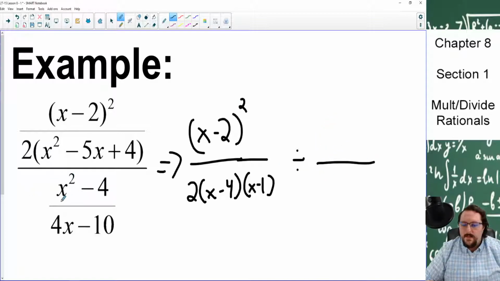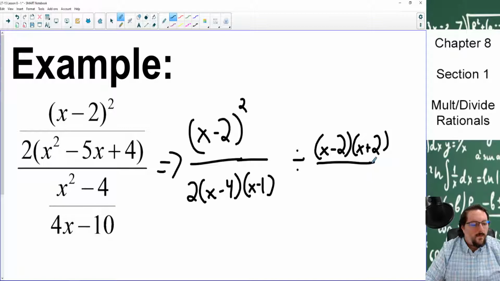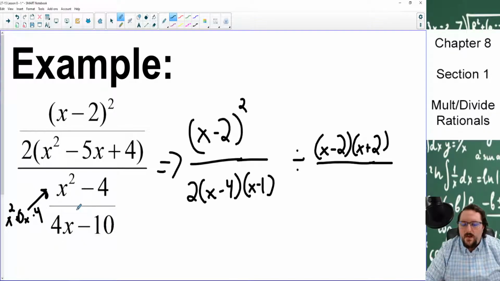And I would look at that and say x squared minus 4 is another factorable object. So I can factor that into x minus 2 and x plus 2. If you've forgotten the difference of squares, you could also think of it as x squared plus 0x minus 4, which is why the positive and negative 2's work. And if I look at 4x minus 10, I see that there's one number that goes into both 4 and 10, which is 2. So 2x minus 5.